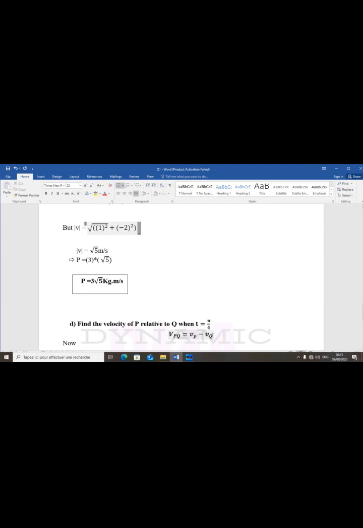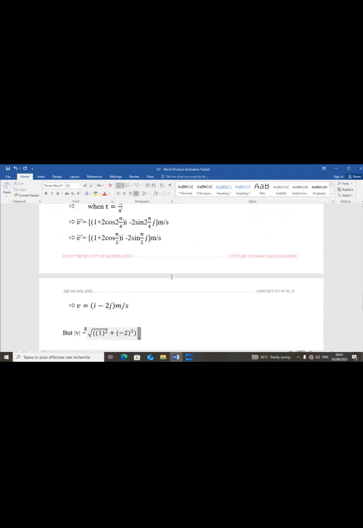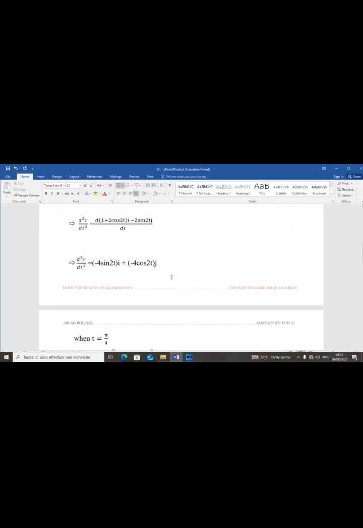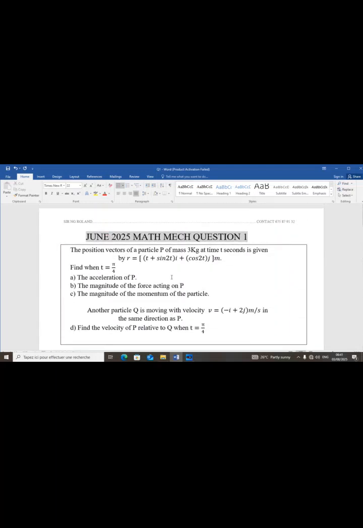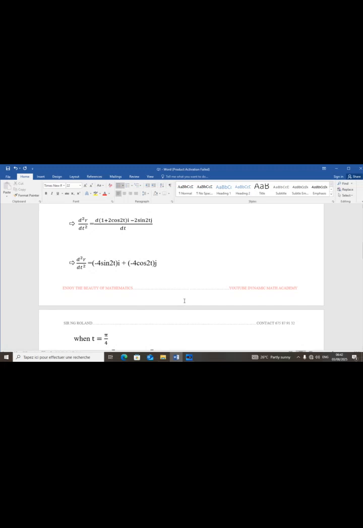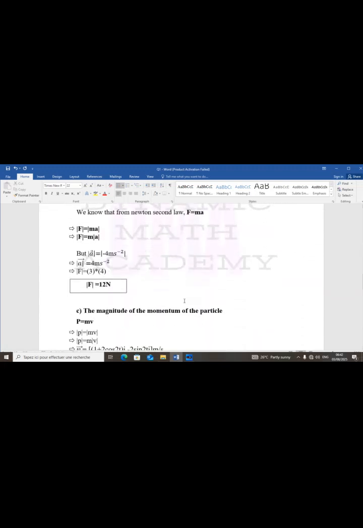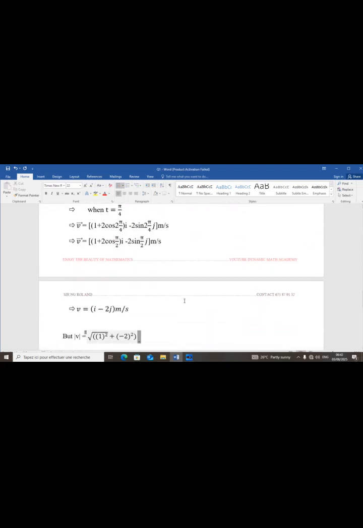That is the velocity of P minus the velocity of Q. We know the velocity of the particle P. It is what we found here after differentiating. And at time t equals pi on 2, when we replace, this was actually the velocity. So this is actually the velocity of P.